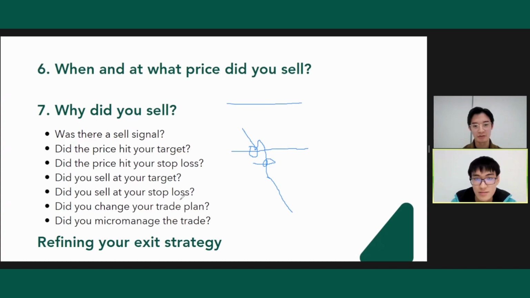this time I ended up forgetting the fundamental side. I purely focused on the technical side, anticipated that the price would break the neckline, and I ended up selling too early. And then look at the price now. So the reason why journaling is so important is because it reminds me to always follow the trade plan, refine the exit strategy, and not forget, because I put in the notes as well, always remember the fundamental side and the technical side.